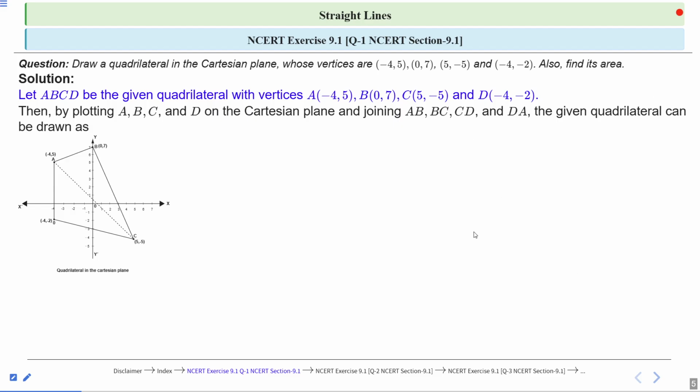You can see it in the figure below. This is our quadrilateral with vertices A, B, C, and D.